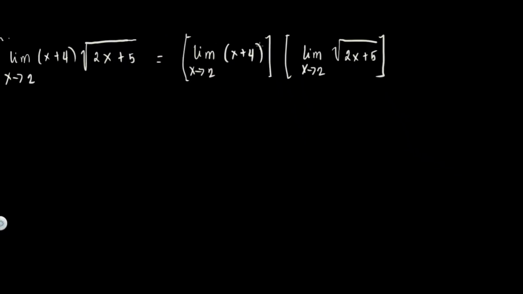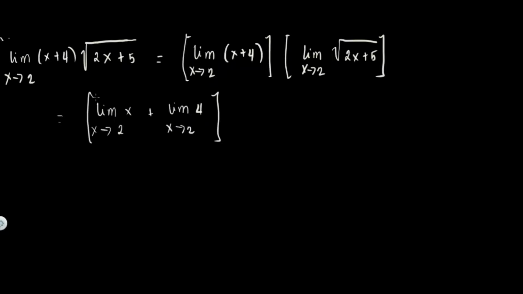Ito naman, this limit of x plus 4 as x approaches 2, sum ito. Sum ng two functions. So, pwede rin siya like this. The limit of x as x approaches 2 plus the limit of 4 as x approaches 2. Okay?